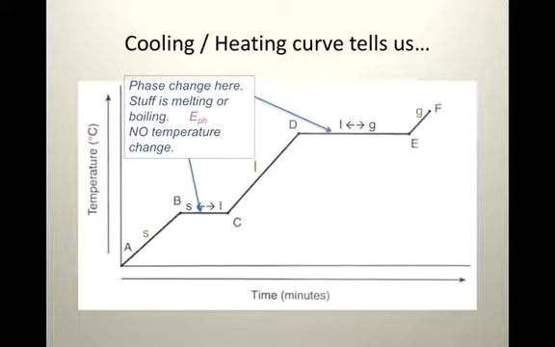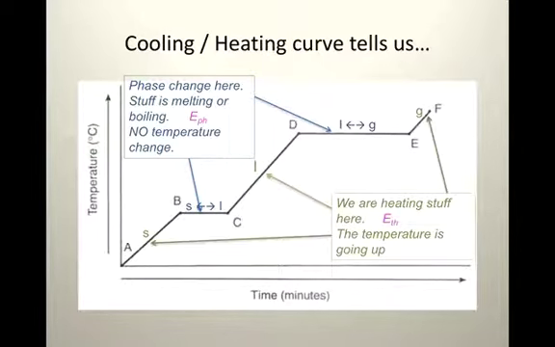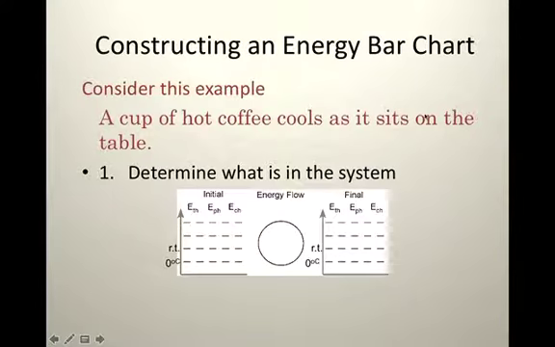No temperature change. In the other regions, this is where energy is being stored thermally, where the particles are moving faster if you're heating or slower if you're cooling. And that's down here in regions between A and B, C and D, E and F. So we have solid, liquid, and gas phases.